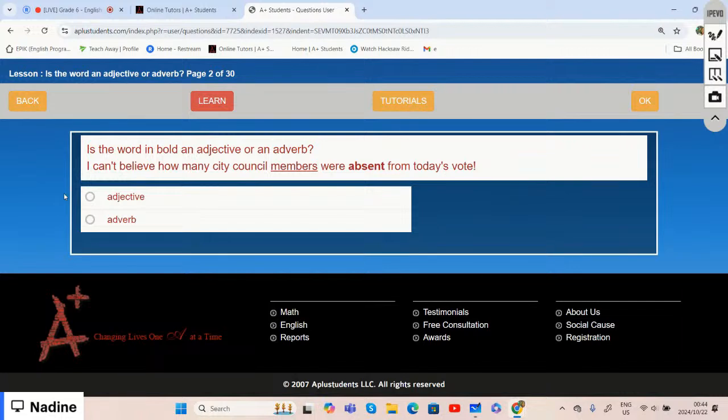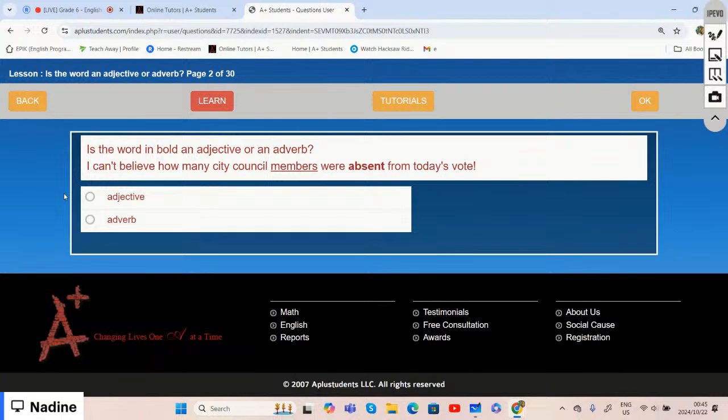I can't believe how many city council members were absent from today's vote. So members is either the noun or the verb. Absent members.